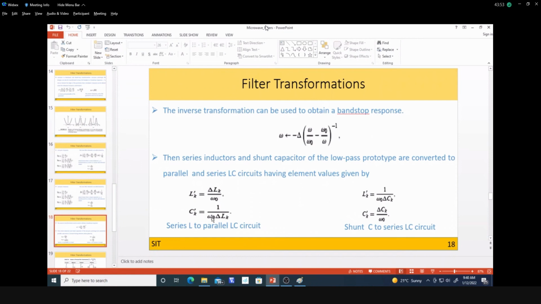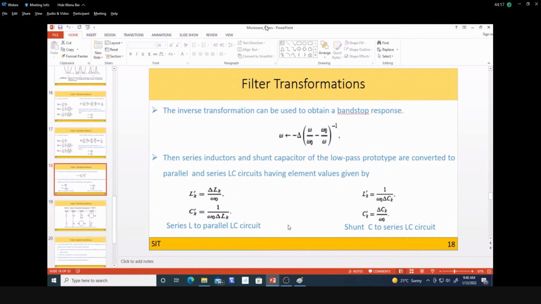So this is the conversion: series L to parallel LC, and shunt C to series LC circuit. Earlier we did series L to series LC circuit and shunt C to parallel LC circuit, but in the band stop it is the reverse case. So that conversion we need to do, then we will get the band stop transformation.